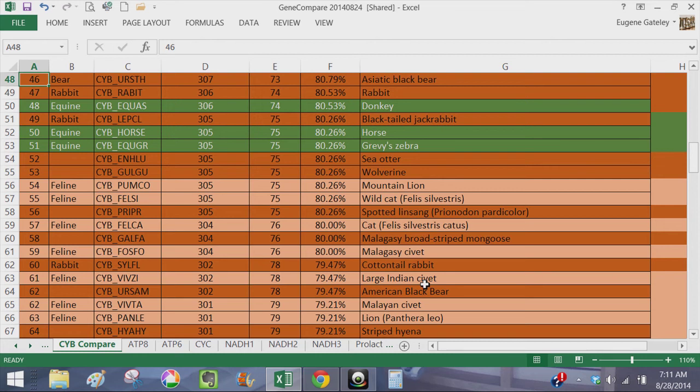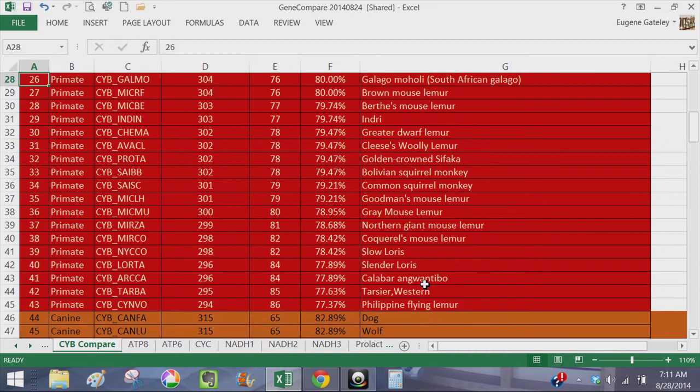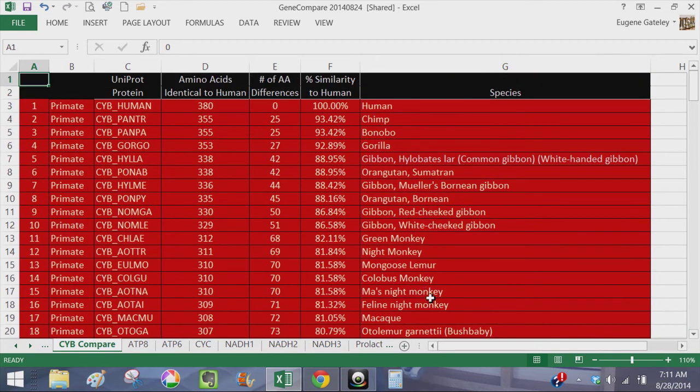Now, if they can't interbreed, it doesn't necessarily rule out common ancestry, but if they can, then it certainly does show that they do have a common ancestor. Now, what we're going to do in the Cytochrome B comparison basically is just sort, because it's a test of the pattern of similarity.